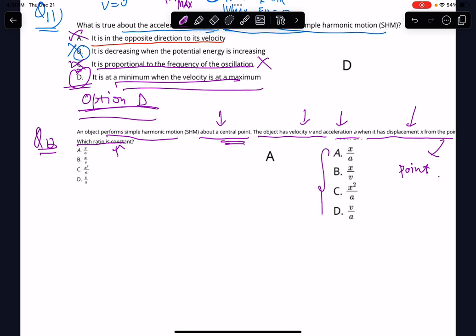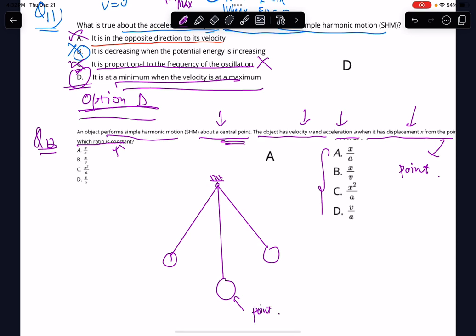And these are the ratios. So the way you can think about it is, once again, we go to our good friend, the simple pendulum. So this is our simple pendulum, and let's draw it over here. When we reach this point of the simple pendulum, this is a central point.